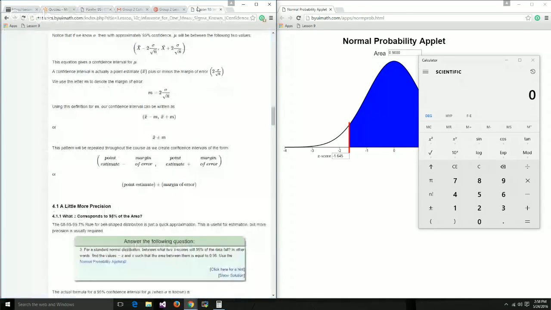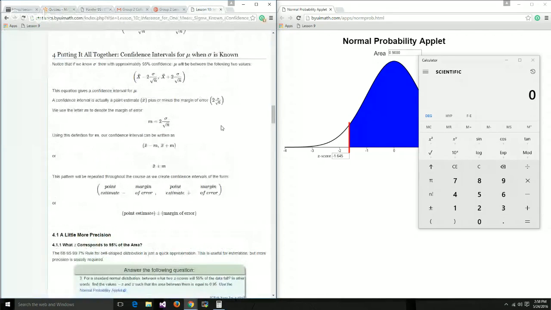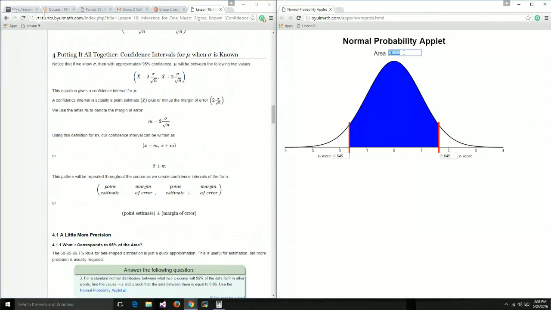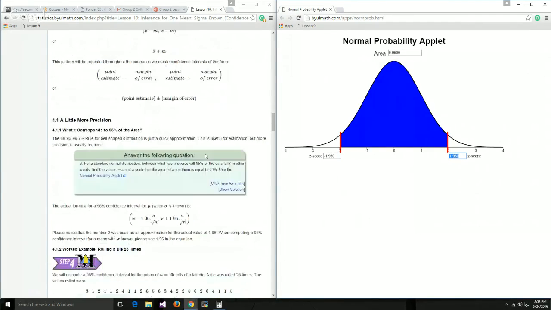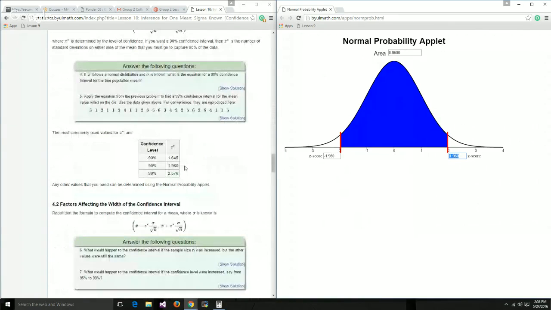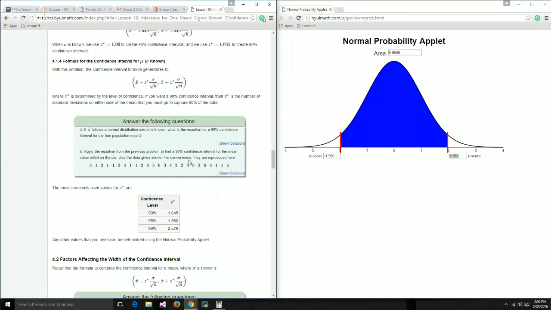So when you actually do the calculations, you'll want to use the actual z-score, not the estimated one. You can get the actual z-score from the probability applet. So you would use the 1.96. I gotcha. That's why down here it tells you that the 95% confidence level is 1.96. I was wondering. That makes sense.